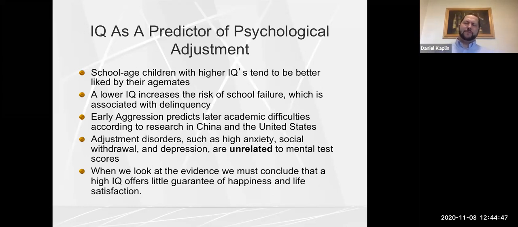We also see that people with lower IQ tend to be at risk of school failure. They tend to have greater levels of delinquency, and they show greater levels of aggression. That might be due to frustration, not that the IQ is predicting it.